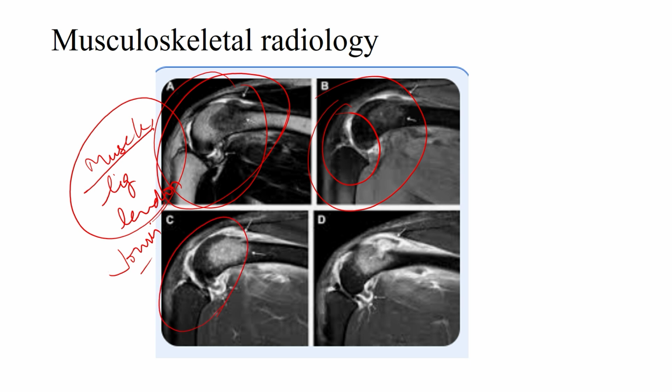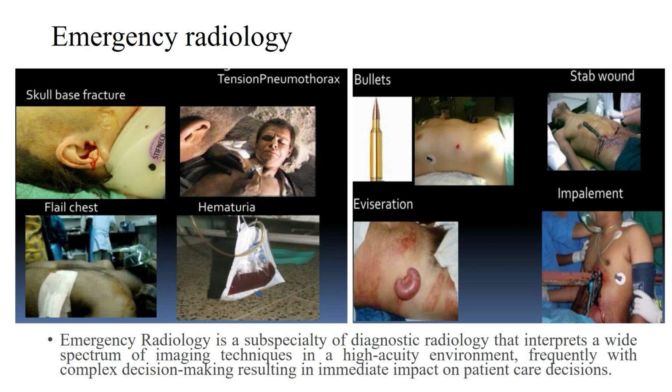This is showing the inflammation of the ligaments. Anything that deals with the joints, bones, muscles, ligaments and tendons falls under this category of musculoskeletal radiology.